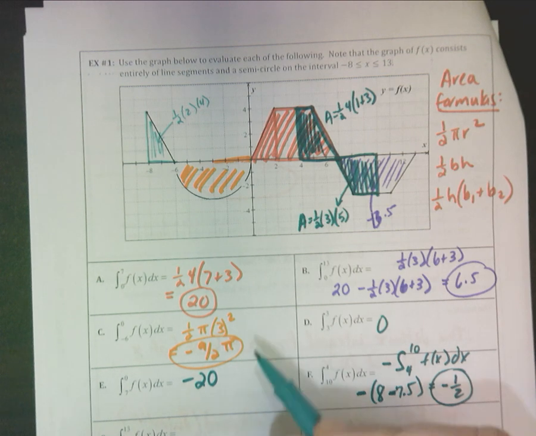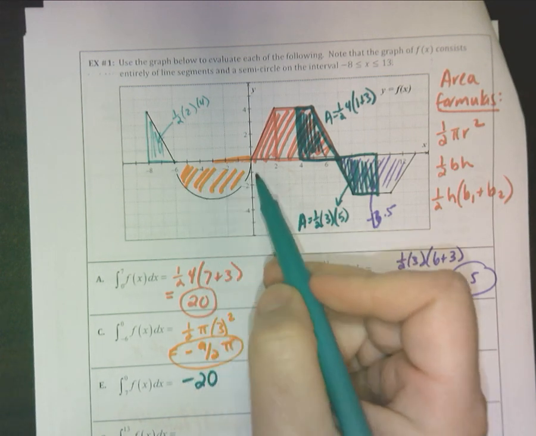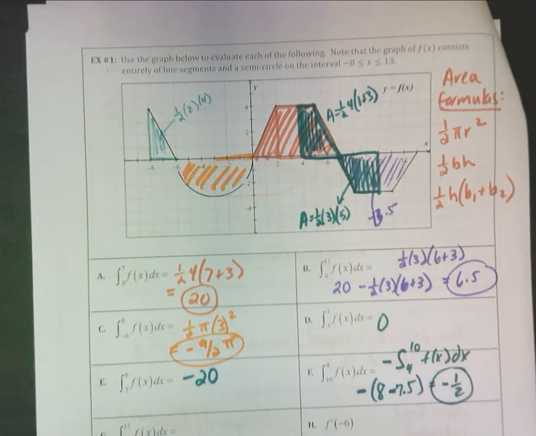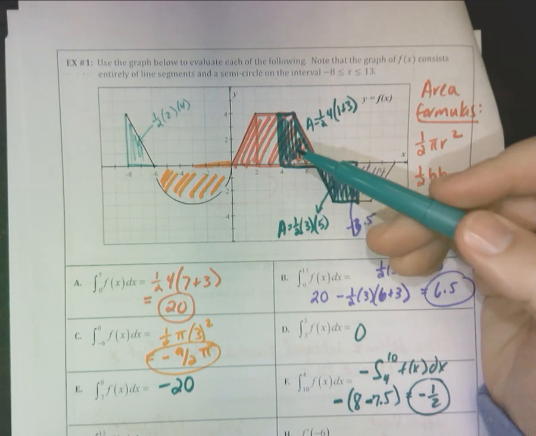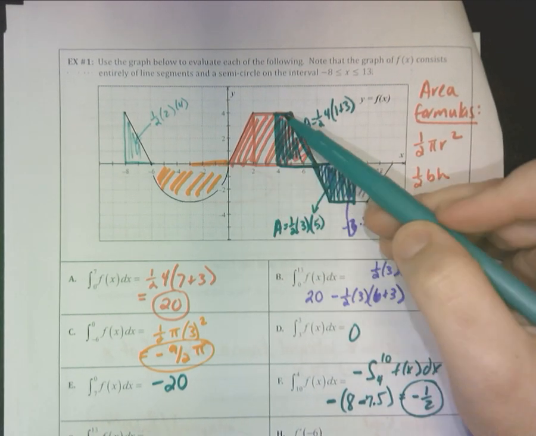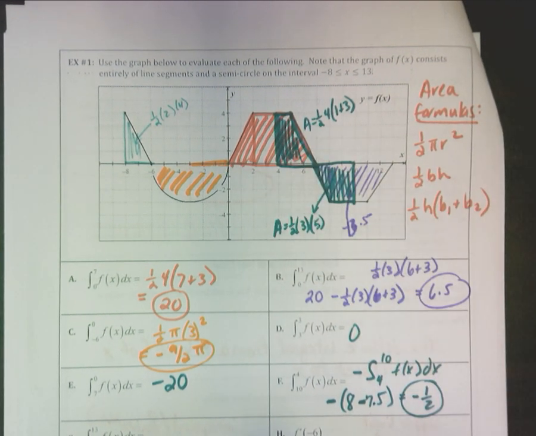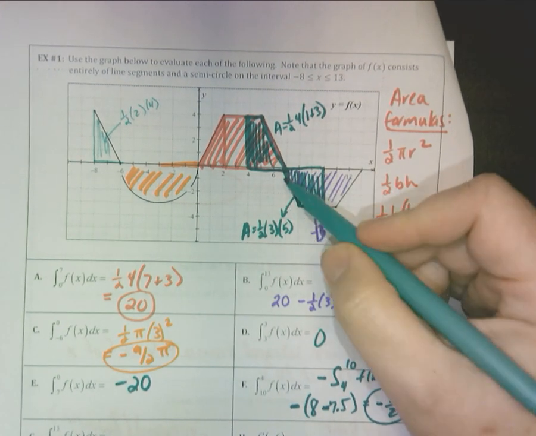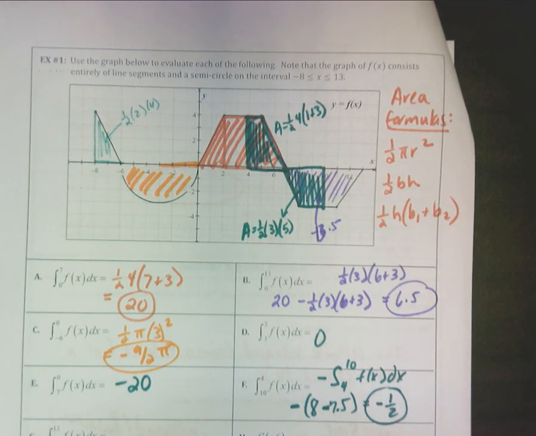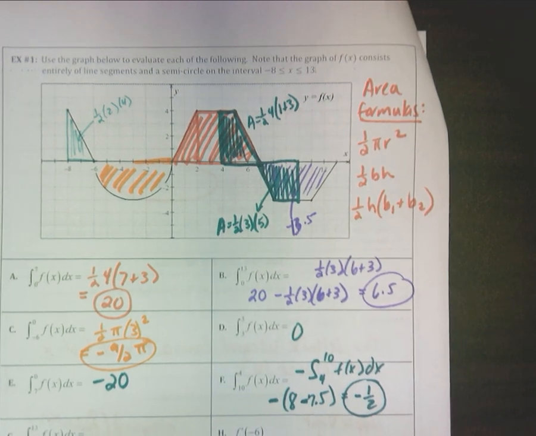And then I'm just going to add it to this right here, which we found to be -9 pi over 2. Then I'm going to add it to this entire red region, which we found to be 20. And then I'm going to add it to this entire purple region, even though it was blue, which we found to be... did we find that one? 0 to 13.